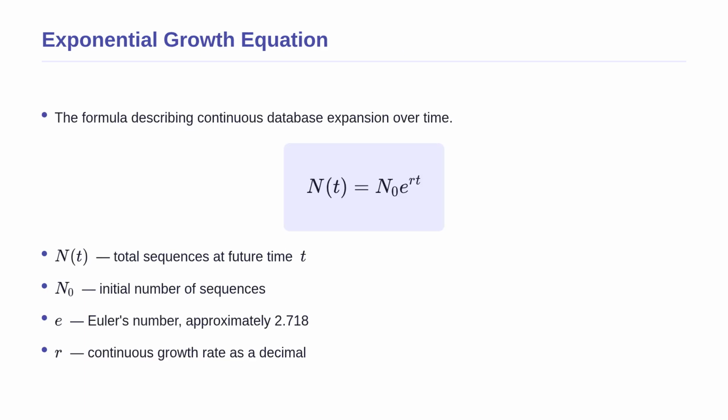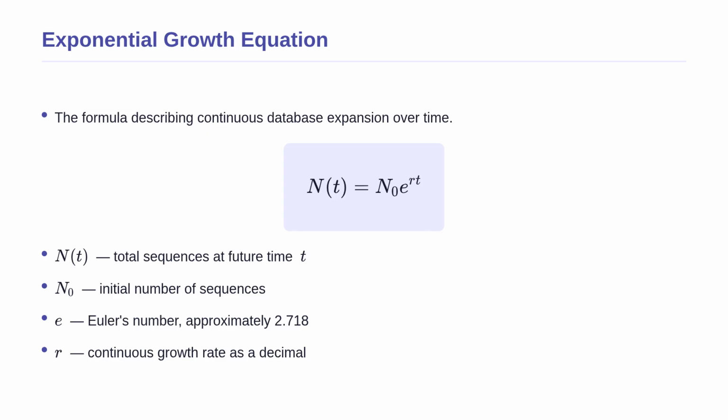This brings us to the mathematical equation that models this rapid expansion. This formula comes from the natural laws of continuous growth. Let us break down every symbol. N(t) represents the total number of biological sequences in the database at a specific future time t. And N₀ stands for the initial number of sequences, present right now.